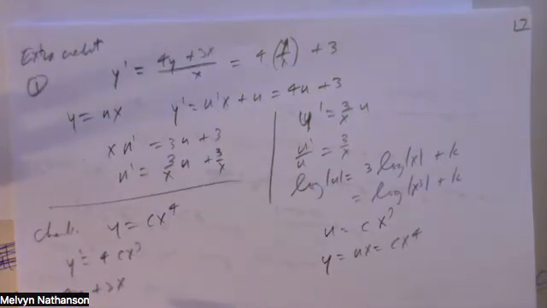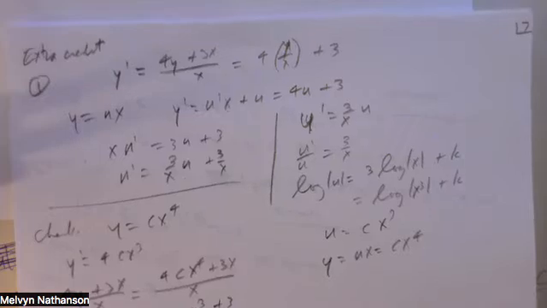And 4y plus 3x over x is 4cx to the fourth plus 3x over x equals 4cx cubed plus 3, which is y plus 3.